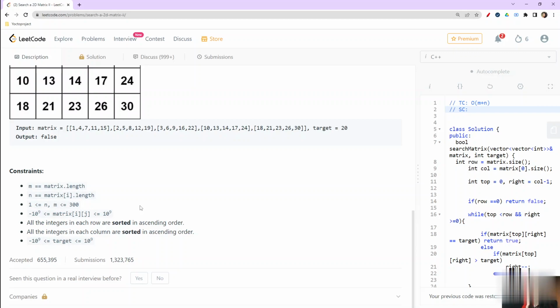Now comes the part about the elements which are being stored in the matrix. They are from minus 10 raised to power 9 to 10 raised to power 9. That only matters to us for the concern about what data type we would be required to use.